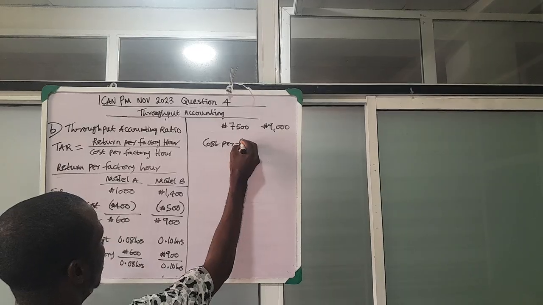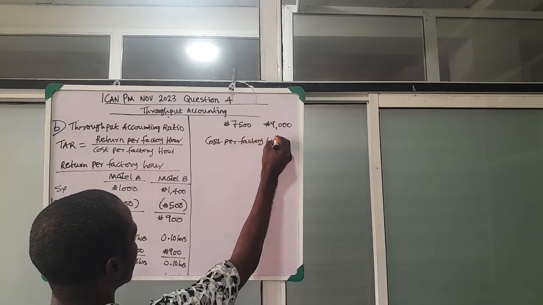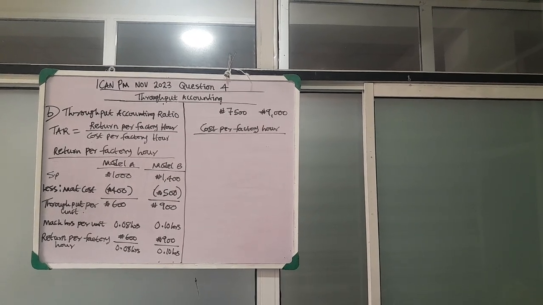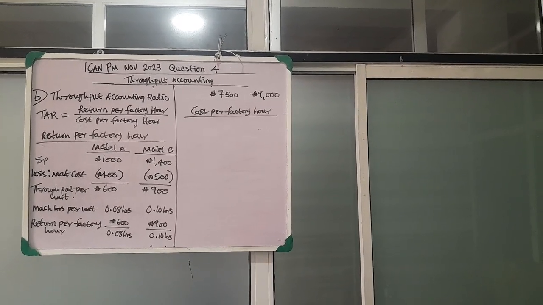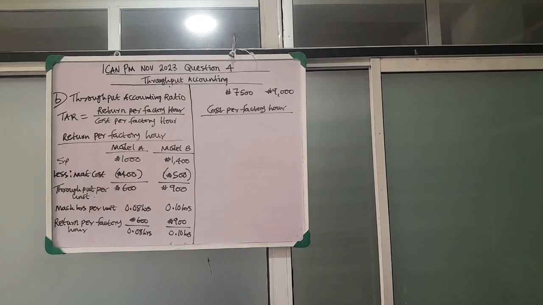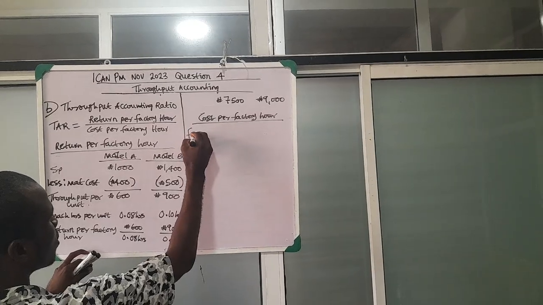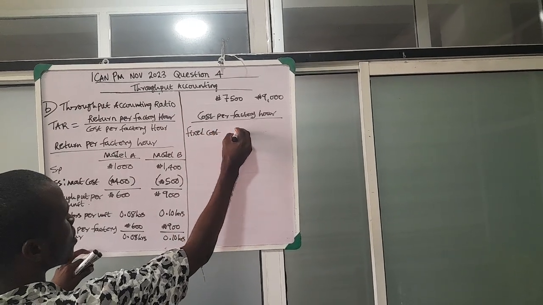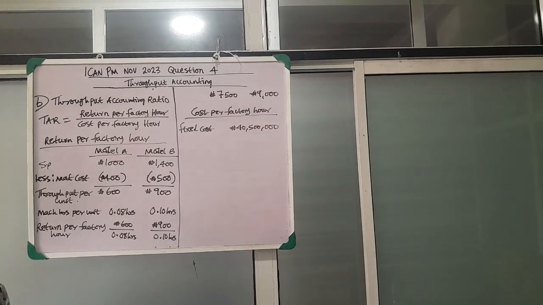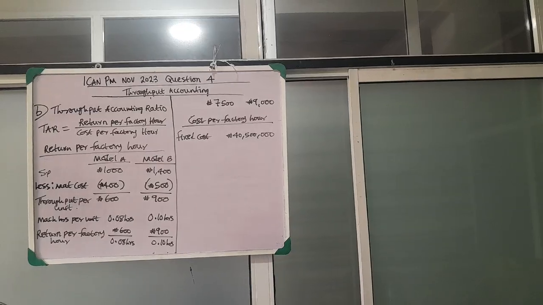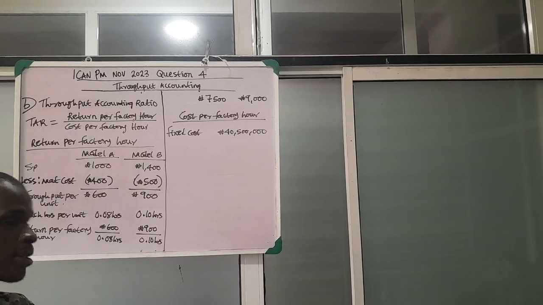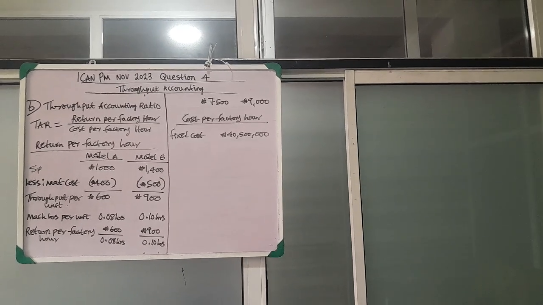They said our fixed cost is 40,500,000. Now recall that there are some costs we initially considered as variable when computing for marginal, which are now fixed under throughput. So we are going to bring them in.